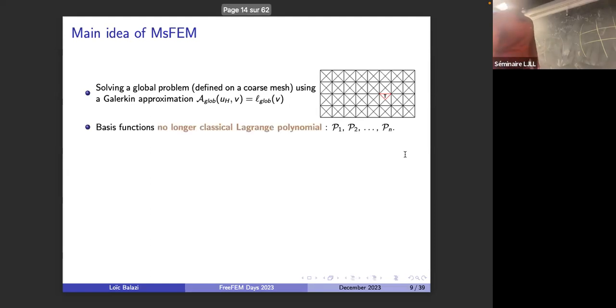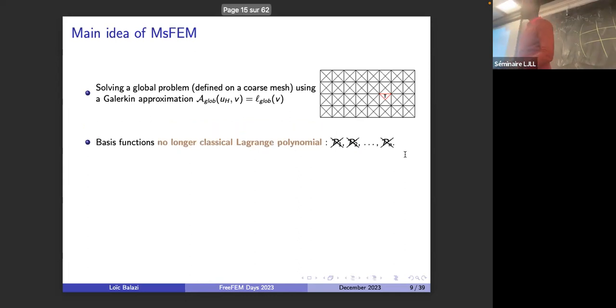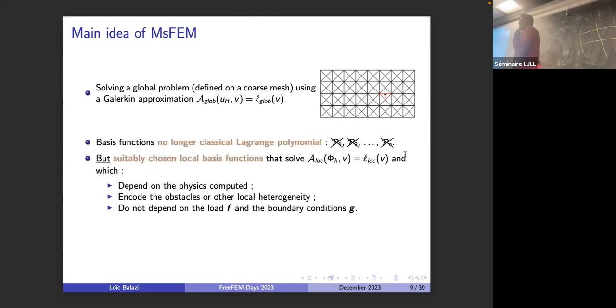But in this case, the basis functions are no longer classical Lagrange polynomials, let's say P1, P2, or Pn, but suitably chosen local basis functions that solve a local equation on a fine mesh defined in each coarse element.